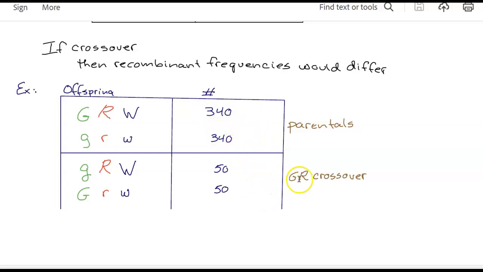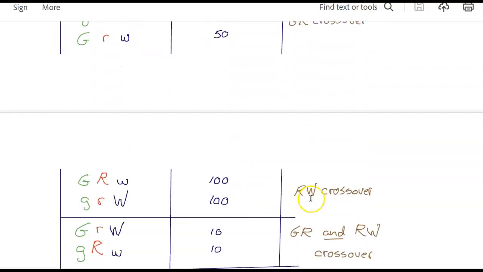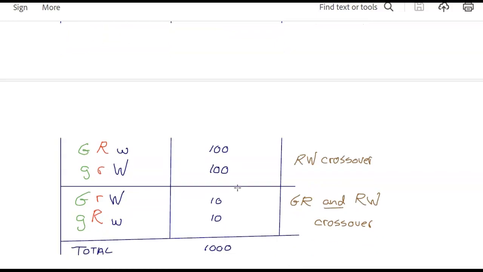Here we have a GR crossover, and here's the outcome, the number of offspring with those particular genotypes, or really what we'd be able to see is their phenotypes. Coming down here, here's the RW crossover. You can see there's 100 in that group.